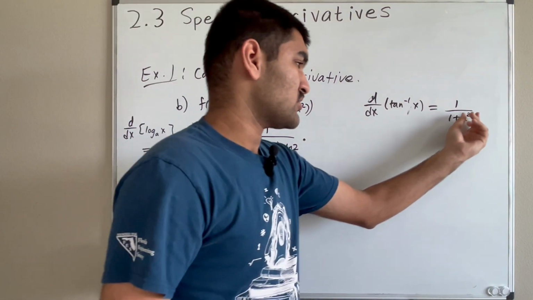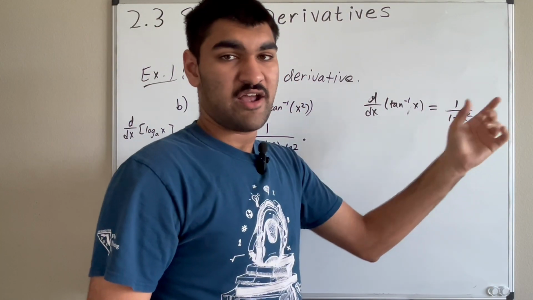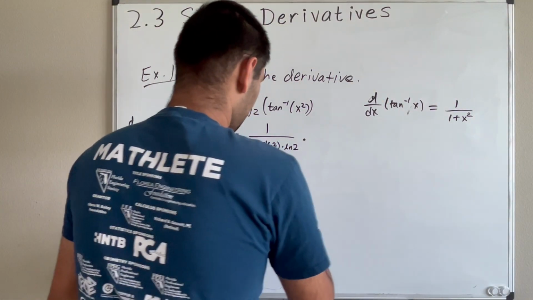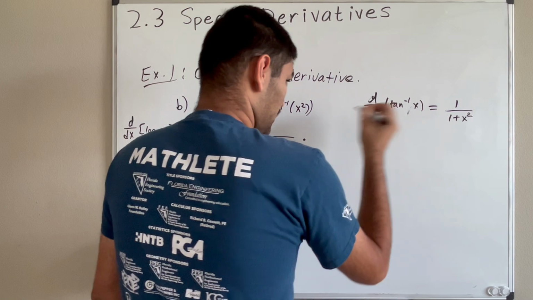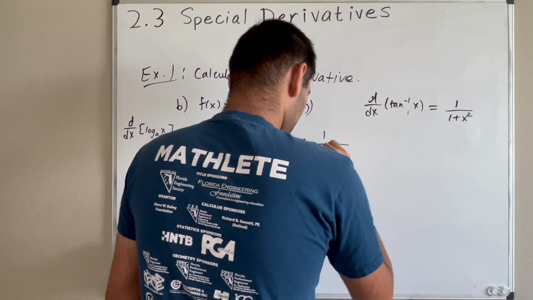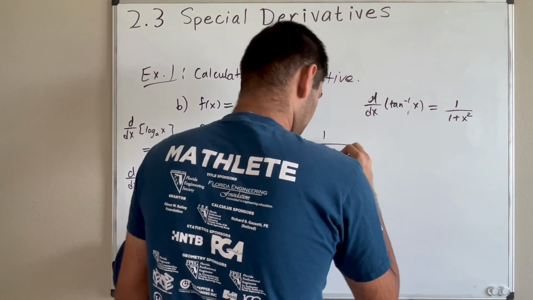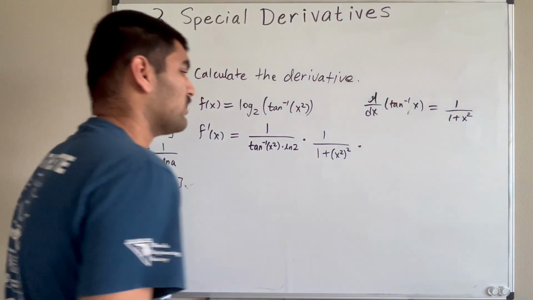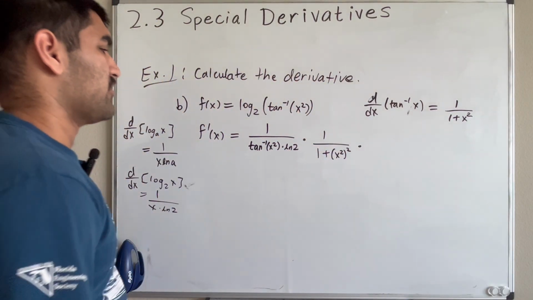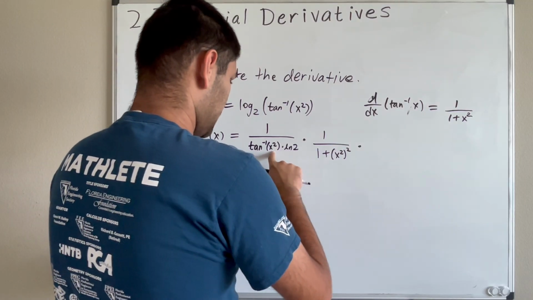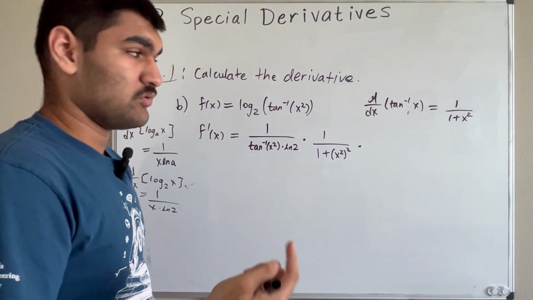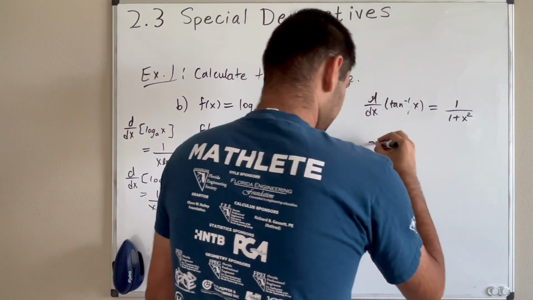So instead of x squared, we're going to have x squared squared, which is x to the fourth. So the derivative of inverse tangent of x squared, according to our rule, is 1 over 1 plus x squared squared. And then again, one last time, we have to multiply by the derivative of the input function, x squared.